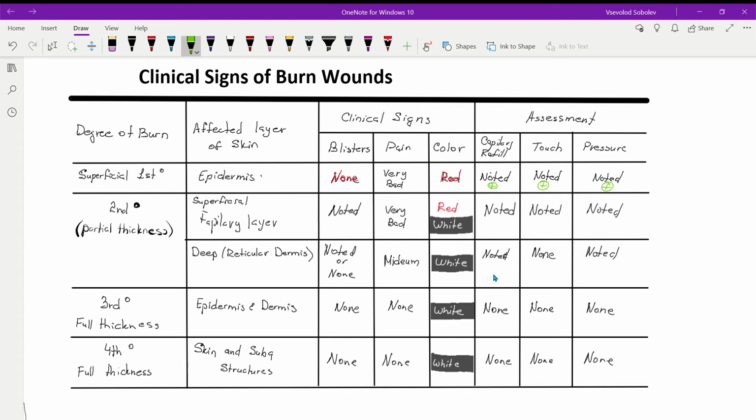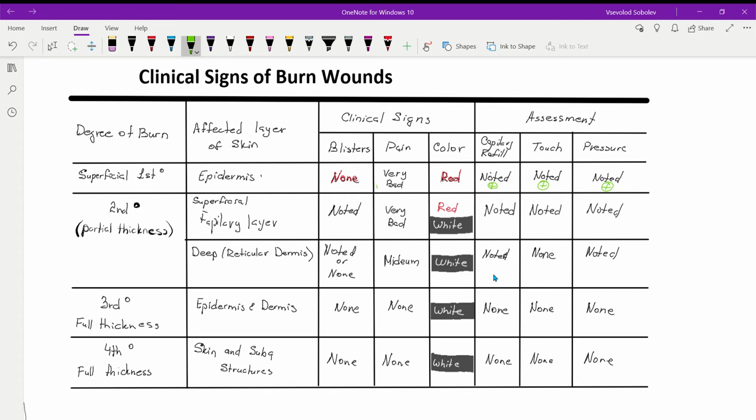Because the fluid is actually still being retained by the body, by the tissues, so there would be no blisters. Pain is very bad because the blood vessels and nerves are damaged. Color is red because the blood vessels are dilated and they allow some inflammatory mediators to leave, and some blood.